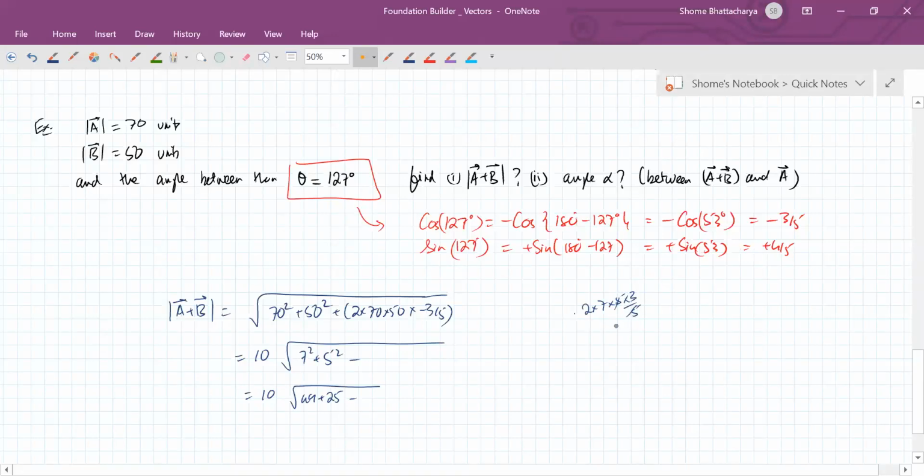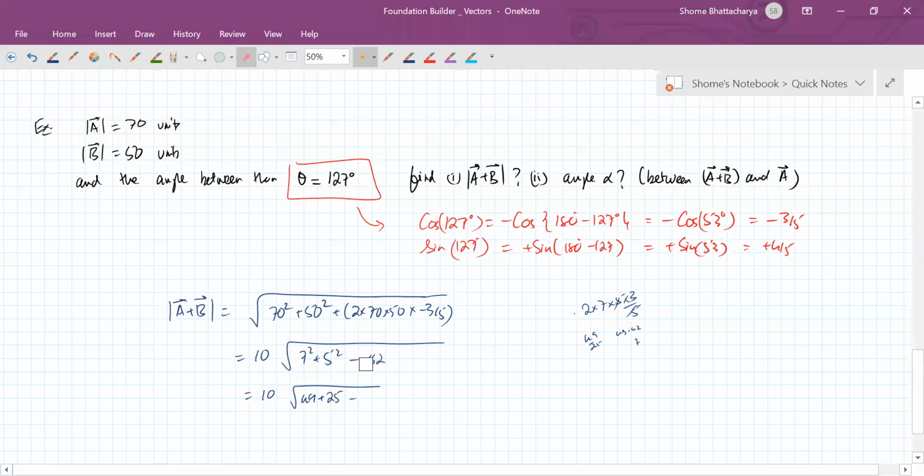So 49 plus 25 minus 42, how much will that become? 49 minus 42 will give you 7, plus 25 is 32.